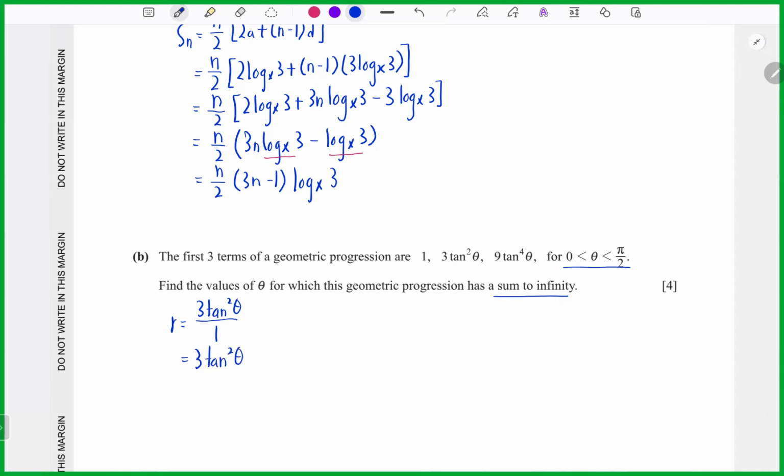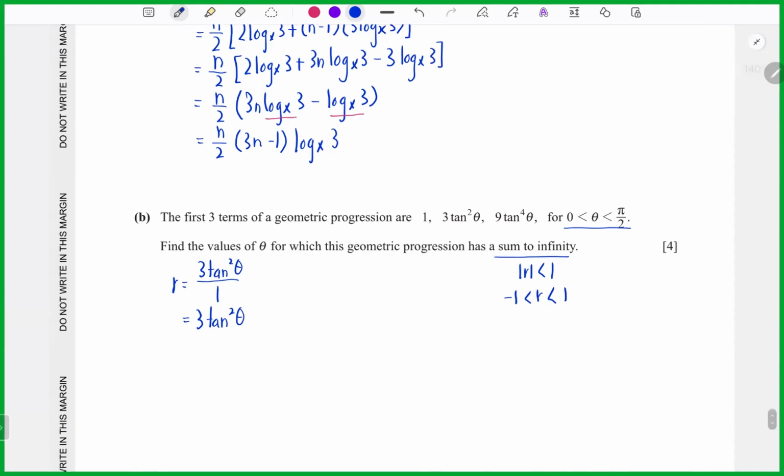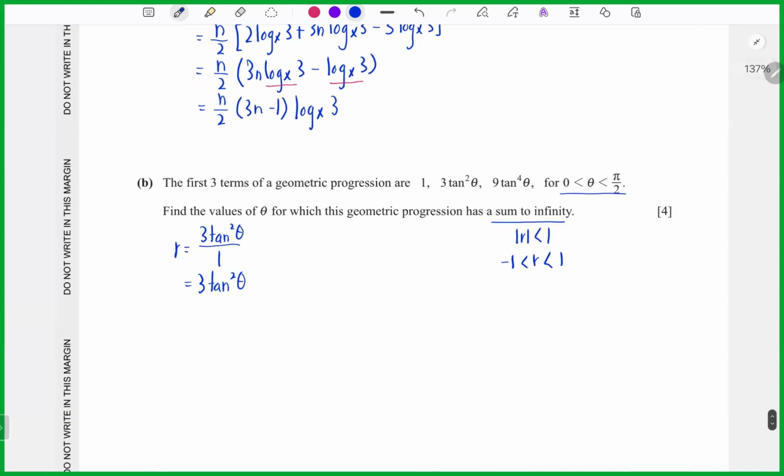And now we know for a sum to infinity, the common ratio will be between -1 and 1. Right? Okay, so you can take here 3 tan squared less than 1. Here is -1, but for this part we didn't consider it because the question says we just focus on the first quadrant only.